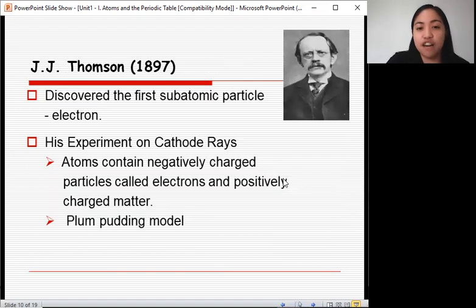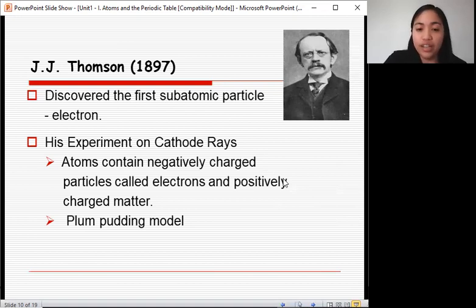J.J. Thomson discovered the first subatomic particle, which is the electron. So his experiment uses cathode rays. So sa iyahang experiment on cathode rays, iyahang nakita or na-obtain is that atoms contain negatively charged matter, ang electron, and positively charged matter.